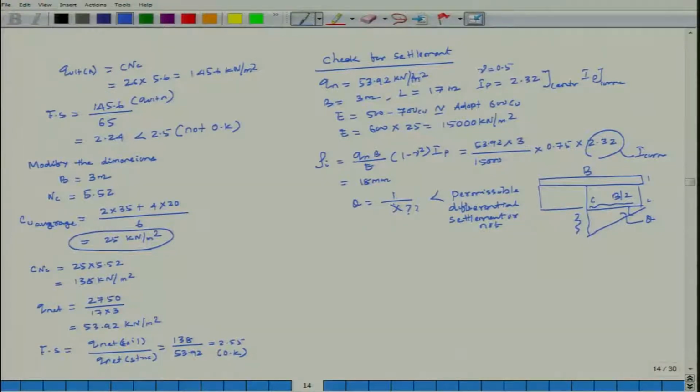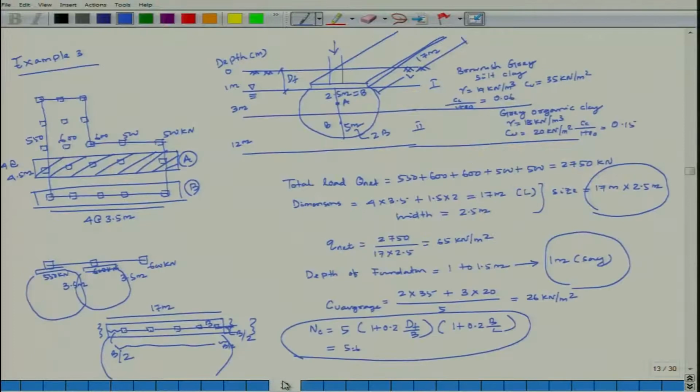So, once it is over, then you go for consolidation settlement. In settlement check, the first one is your immediate, then go for consolidation settlement check. So, at A, where is your A?